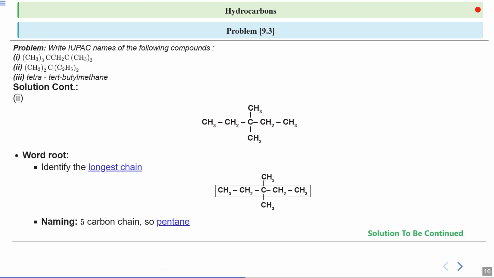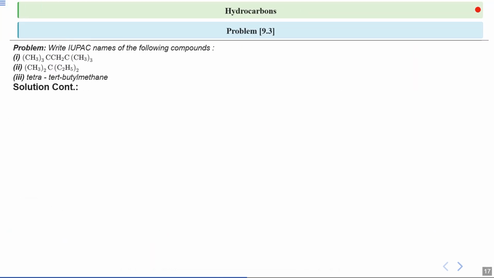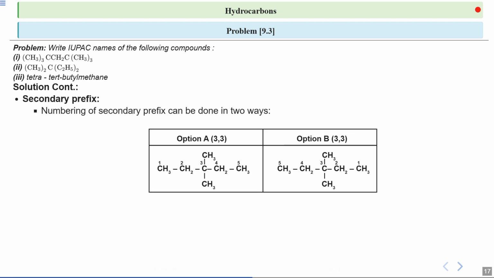Now moving on further, we have the secondary prefix. For the secondary prefix, first we have to do the numbering. Numbering can be done in two ways. Here you can see that the chain is numbered from left to right, which gives us 2 positions.